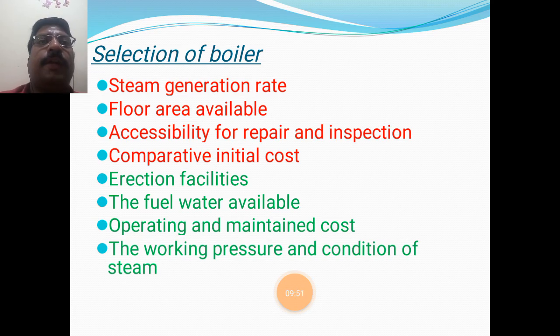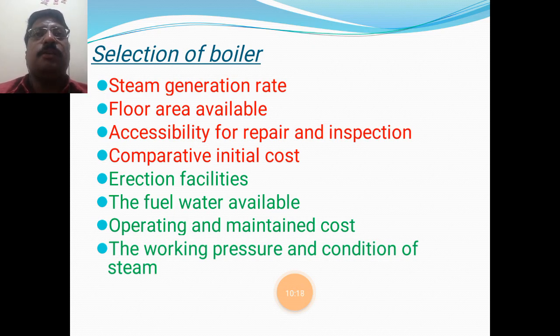Generation rate means the quantity of steam that can be generated per hour. Next is floor area availability. If the space is less, we select water tube boilers. Accessibility: frequently we have to repair and inspect the boilers. Next is cost, the cost of the boiler.